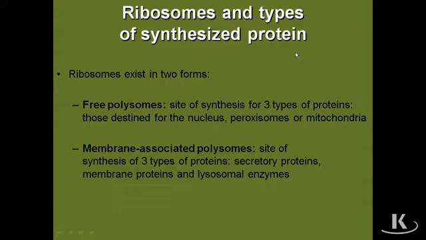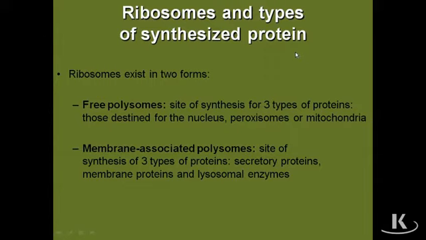But here's the point. Recognize that free and membrane-associated or bound polysomes each produce three different kinds of proteins. Arguably, the more important array of proteins are produced by the membrane-associated or bound polysomes that are associated with the endoplasmic reticulum. And important because those three types of proteins are secretory proteins, membrane-associated proteins, and lysosomal hydrolase enzyme proteins.